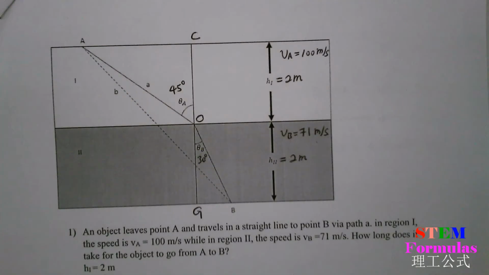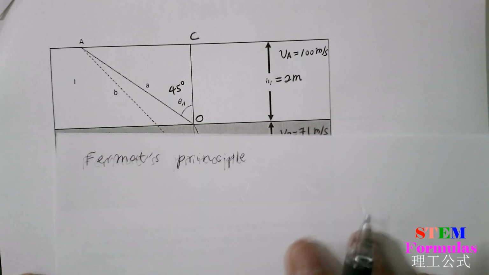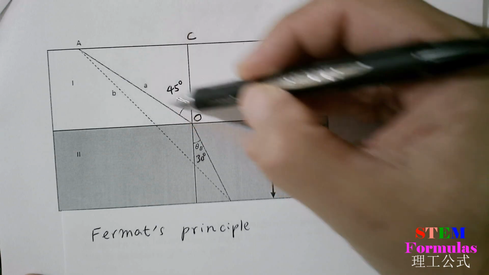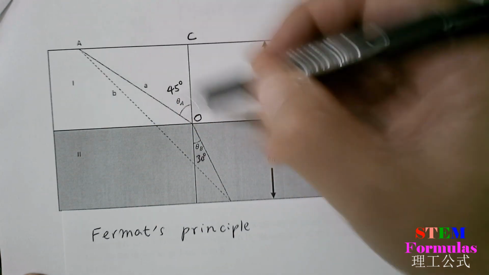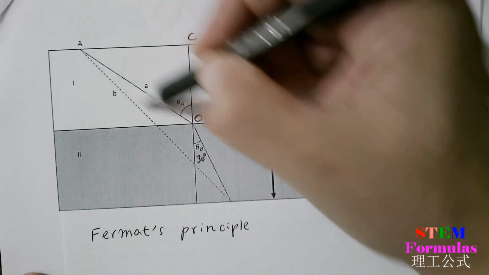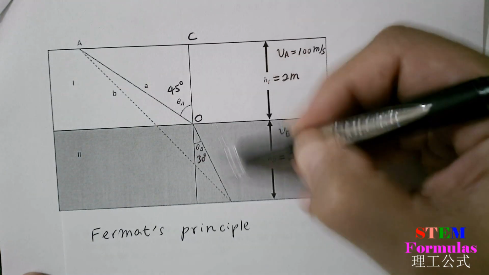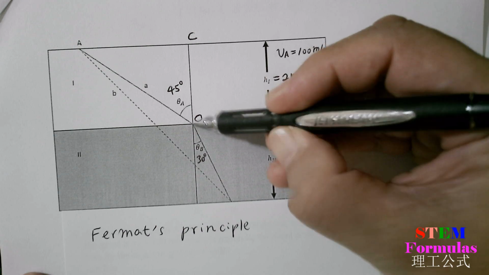Fermat's principle states that light will find the least time path. So in our calculation, this one needs less time and this one needs more time. So this is the real light path.